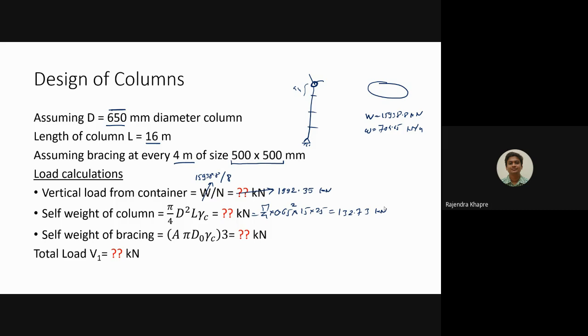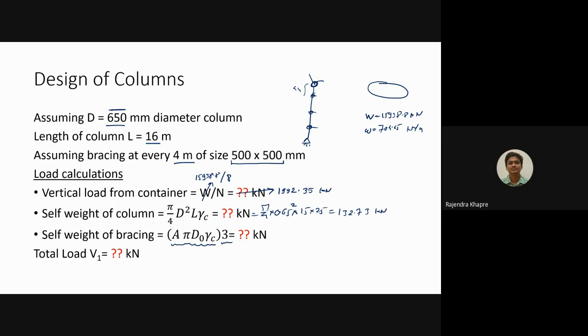Then we have to calculate the self weight of the bracing. Bracing you can assume as a circular beam, and these circular beams are there at three different locations as indicated over here. That's why we are going to multiply it by 3. So we are calculating the weight of a single bracing and then multiplying it by 3.